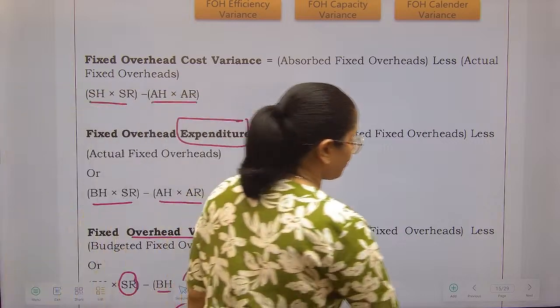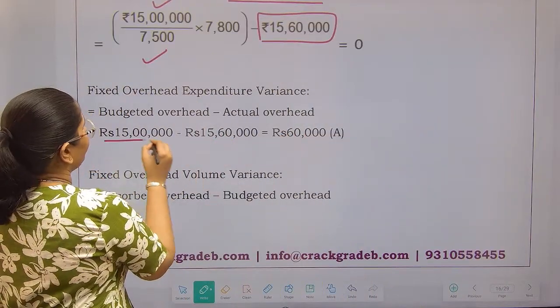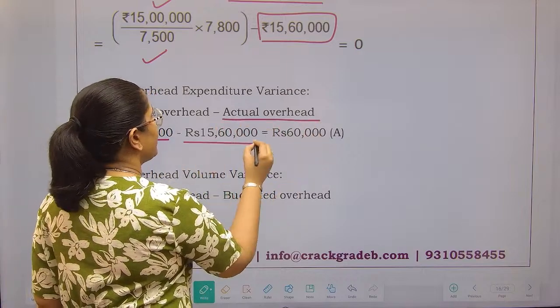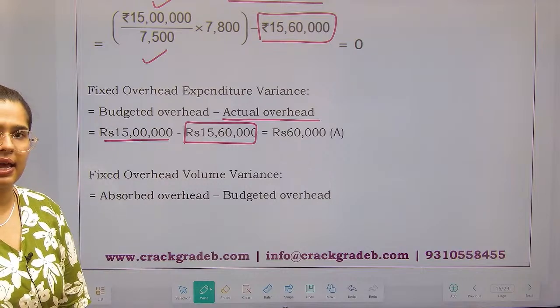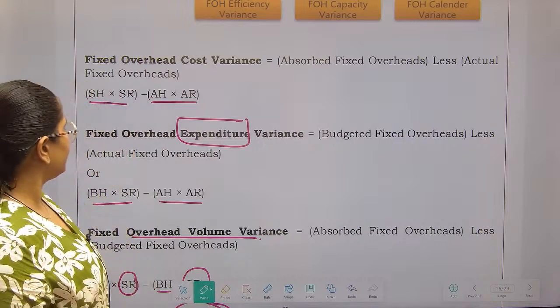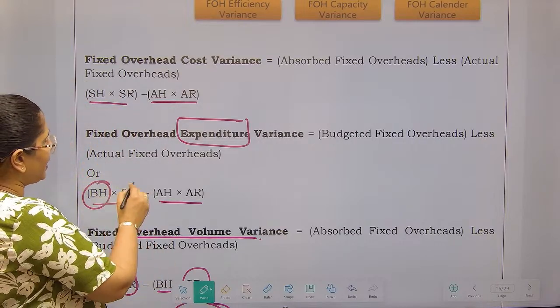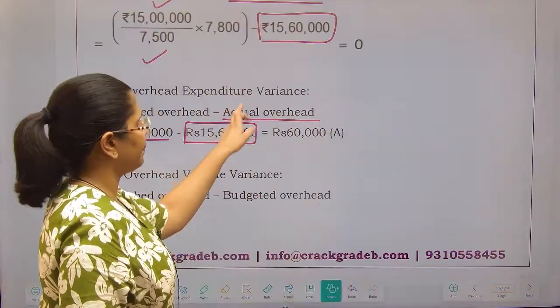Now you see this over here. ये 15 lakhs कैसे आया, वही मैं आपसे पूछ रही थी. Actual overheads is 15,60,000. ठीक है? ये आपका 15,60,000 आएगा. But यहाँ पे आप दूसरी चीज क्या कंपेयर करना चाहते थे? Budgeted hours, sorry, this is expenditure. Budgeted hours multiplied by standard rate. बजटेड आवर्स आपको कैसे मिलेंगे?